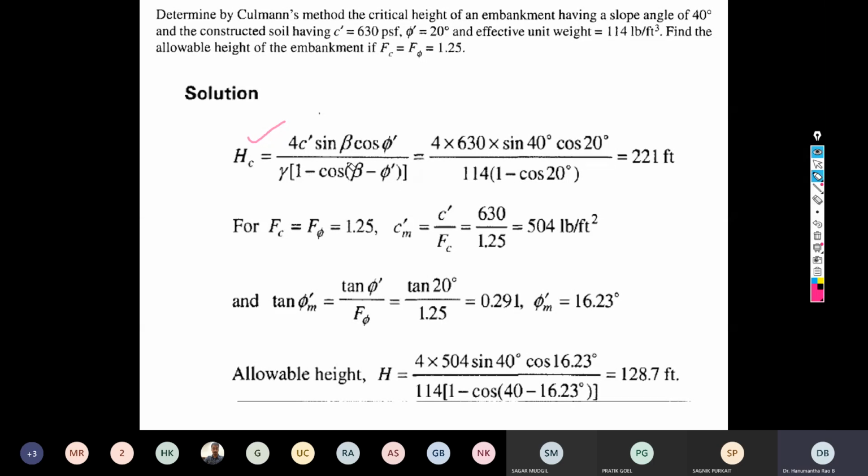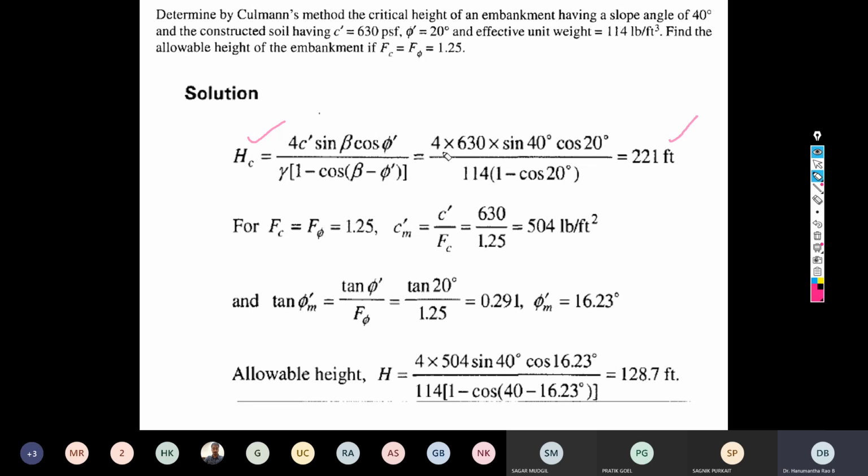Here everything has been given. C dash of the soil is 630 psf, beta, the slope angle, is 40 degrees, and the internal friction angle of the soil is 20 degrees. Substituting everything into this equation, the critical height of the slope that we get is 221 feet. So when the factor of safety is 1, we can build a slope up to a height of 221 feet.